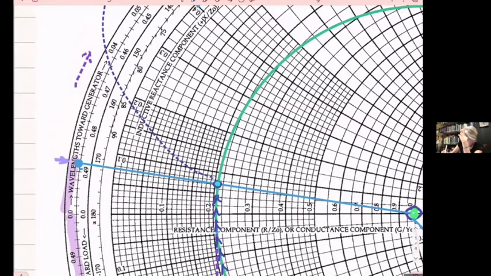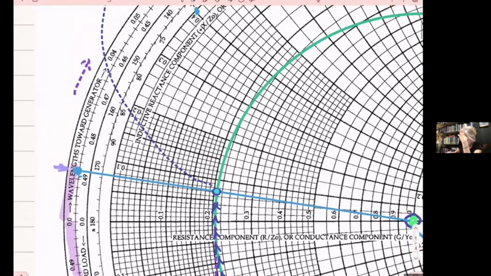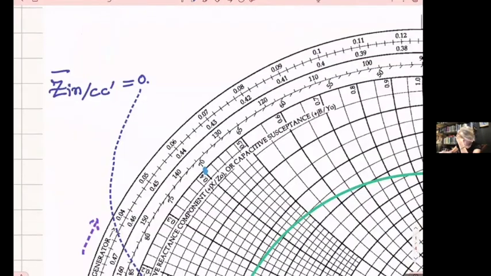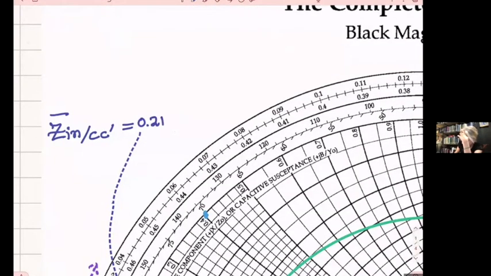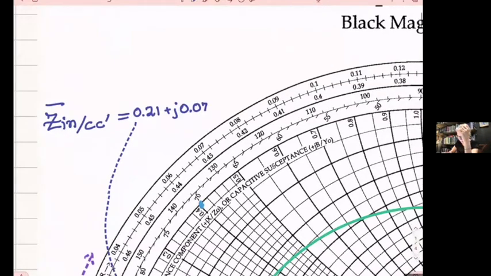So, we read it from here. We go along, so the lines are almost like, we go along here, 0.07, correct. So what did we say? I forgot that part. 0.21 plus J 0.07. Perfect, that's the input.